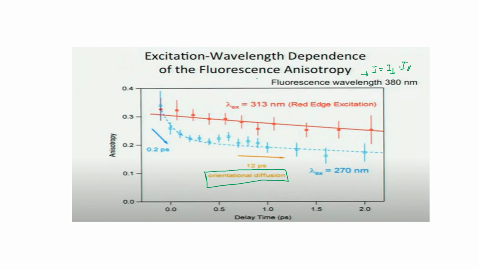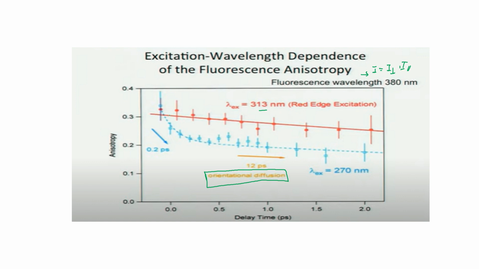Okay. Now, the excitation wavelength dependence of the fluorescence. See, in this figure, or in this spectra, the anisotropy is somewhat happening in this case. Also, at the time scale of 0.2 picoseconds, you will notice this, which is not observed in the one at 313.